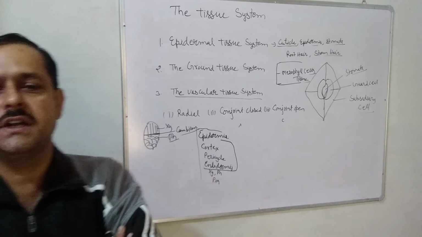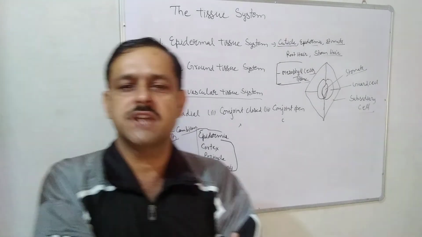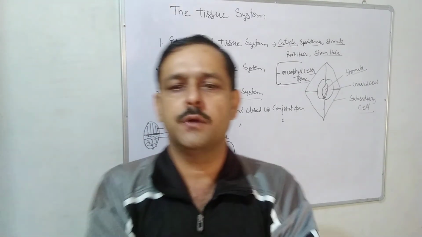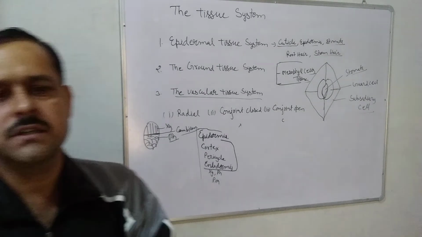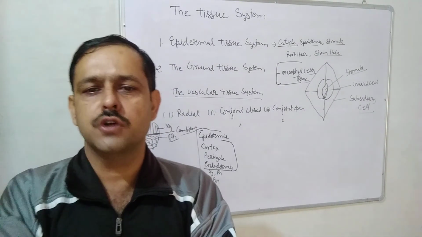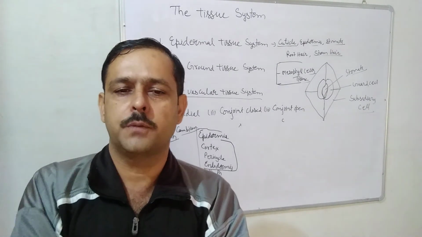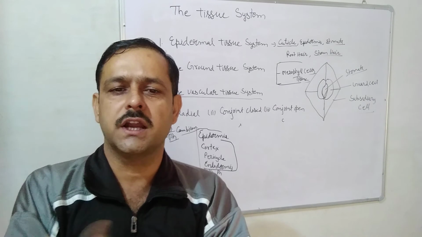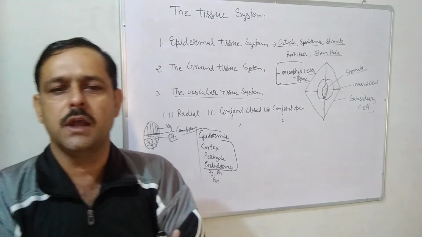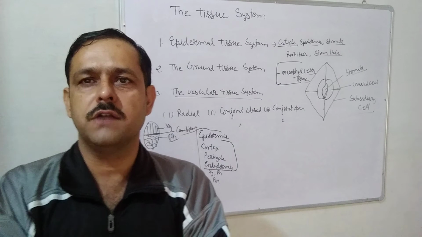So cambium is present in dicotyledon stems, between phloem and xylem. Such vascular bundles, because of the presence of cambium, possess the ability to form secondary xylem and secondary phloem, and hence they are called open vascular bundles.